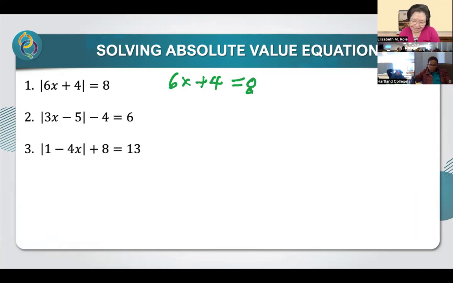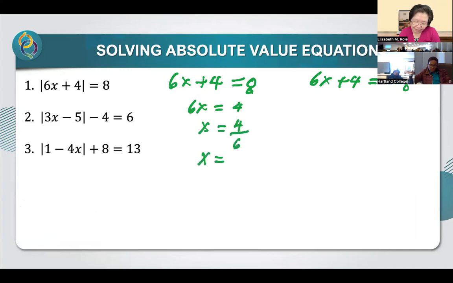The other one is 6x plus 4 is equal to -8. And then solve for x. 6x is equal to 8 minus 4, which is 4. So x equals 4 over 6, but simplify that. That is 2 over 3, right?